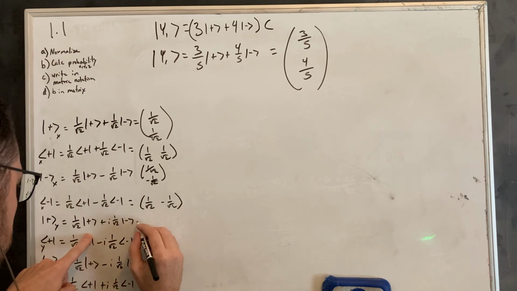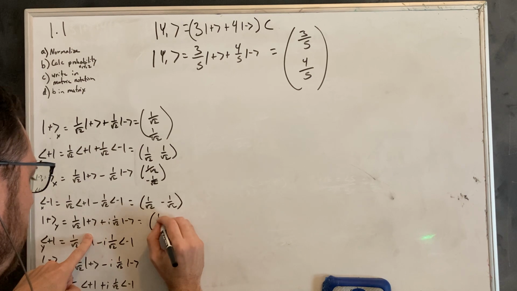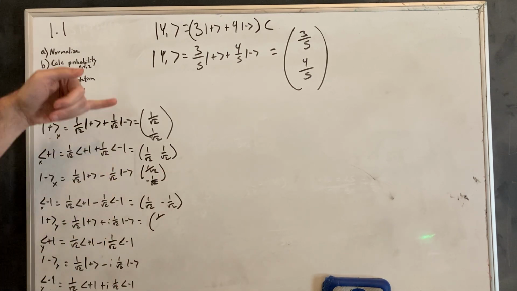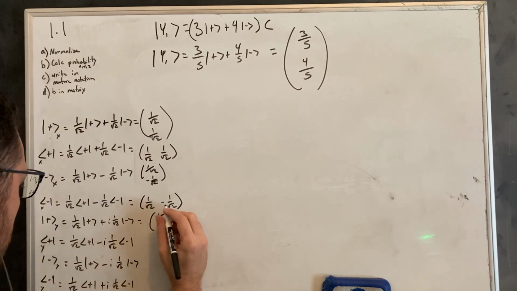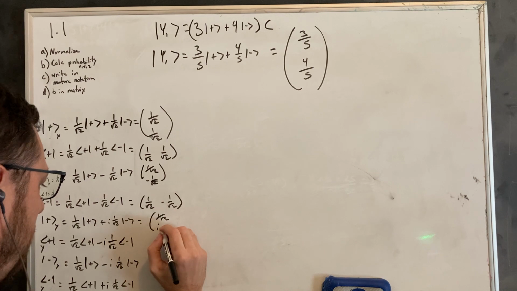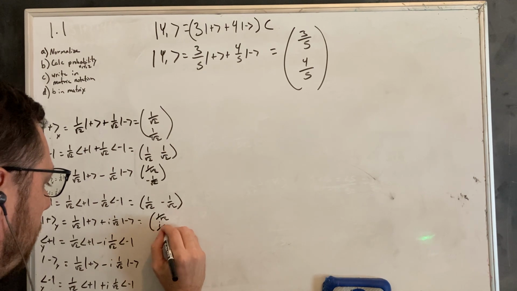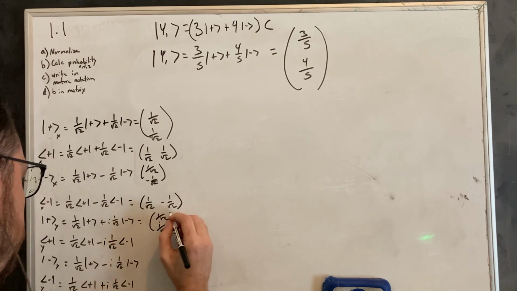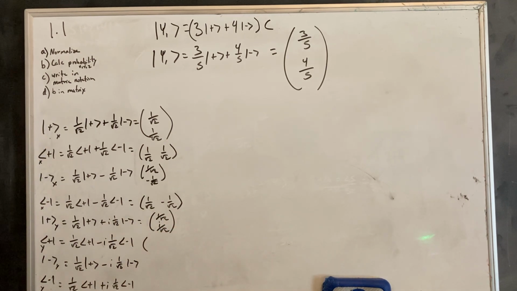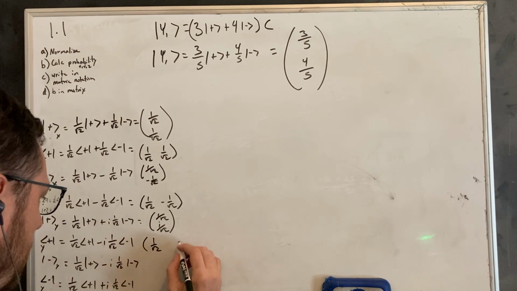I could also pull out this 1 over root 2, so then I could write this a little bit nicer, however you like to write it. And this is going to be 1, i. I could just write it as i over root 2, works also. And the row vector equivalent of it is going to be, what did I do? Yeah, no, that's right. Okay. 1 over root 2.